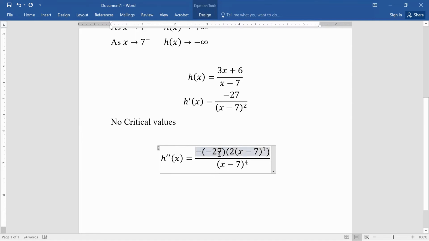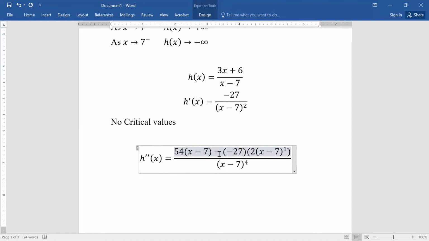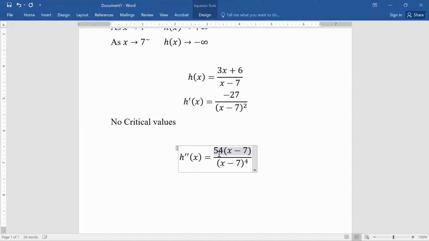Negative times negative 27 times 2 is a positive 54 multiplied times x minus 7. If you want to simplify that, there's a factor of x minus 7 on top that can cancel out with one of the factors of x minus 7 on the bottom.